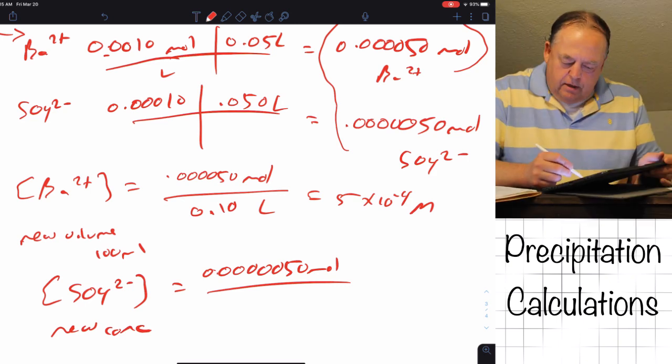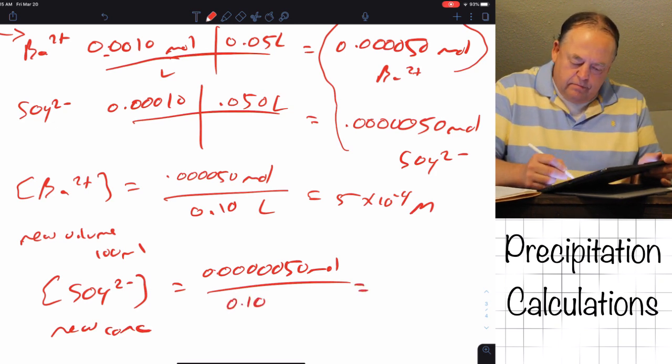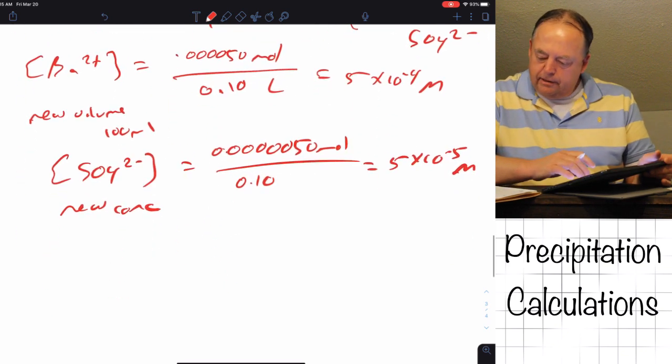Okay. So take the moles of sulfate in the new flask divided by the new volume. So it's 5 times 10 to the minus 5 molar.